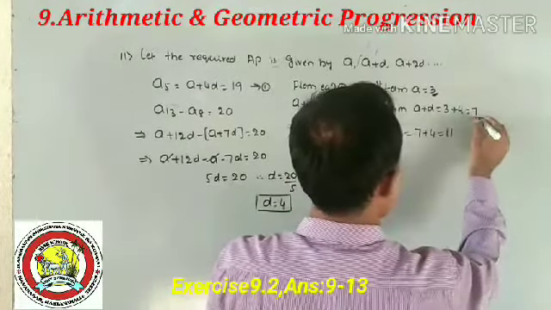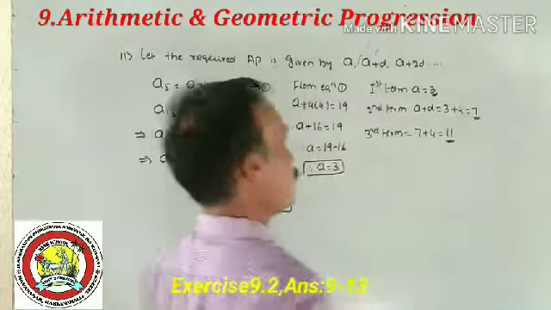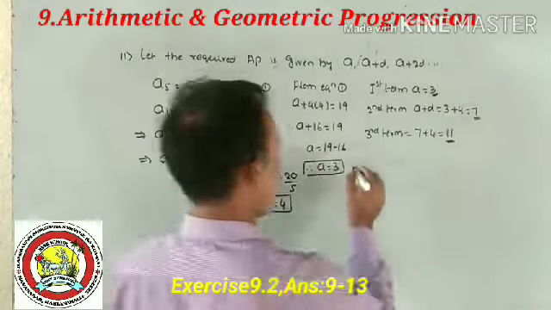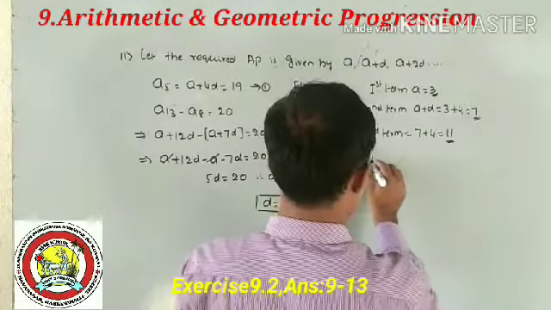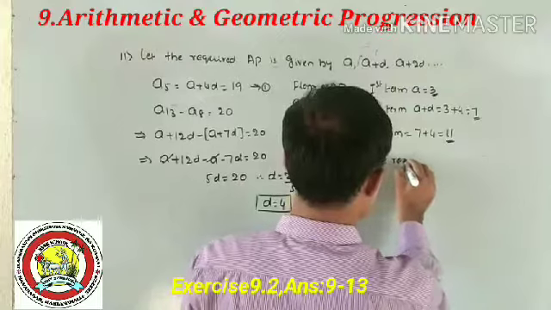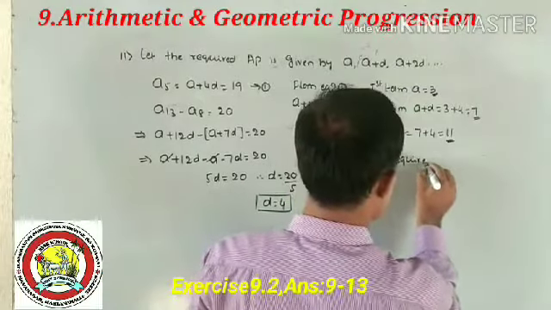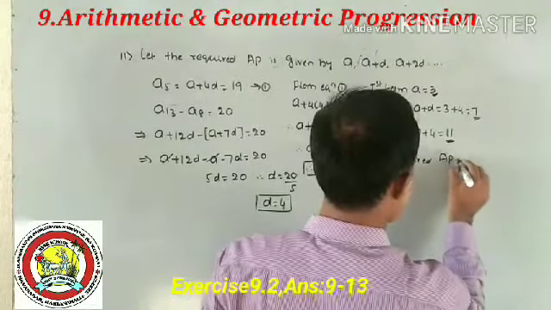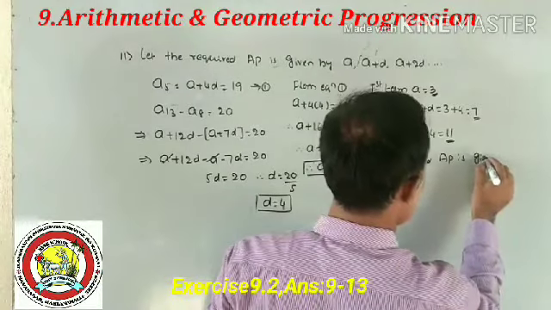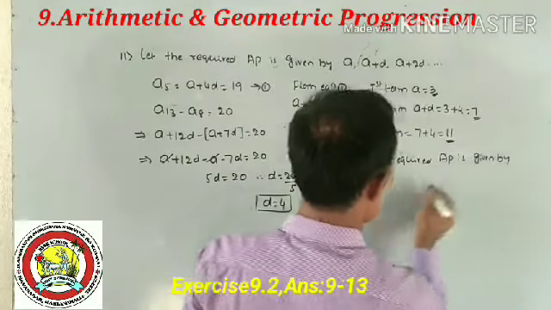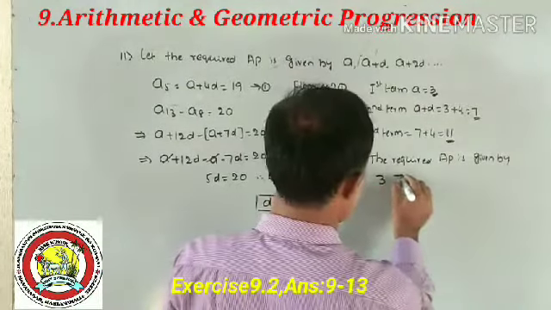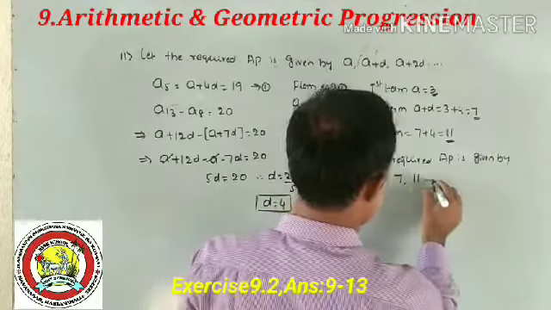So, these are the required terms. Therefore, the required AP is given by 3, 7, 11 and so on.